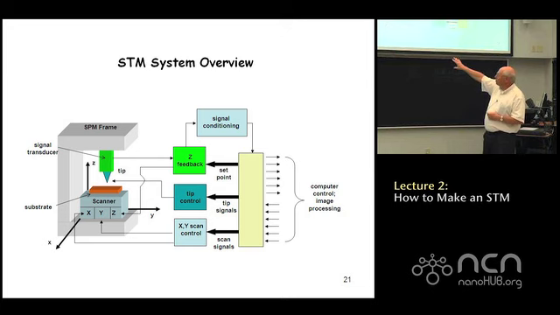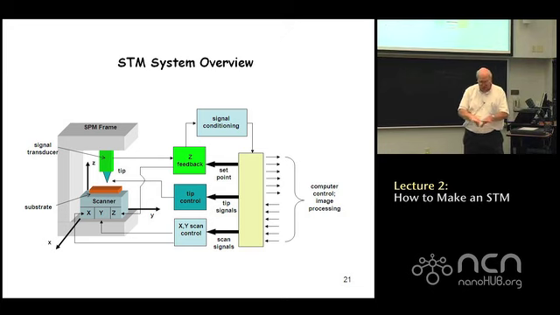There's usually some computer that sends signals to your scanning tunneling microscope. These signals control the XY scan, so that allows you to raster the substrate underneath the tip in a controlled way. There's a tip control signal that allows you to constantly adjust the distance between the tip and the substrate to maintain this constant tunnel current, right? So somehow that has to be in there.